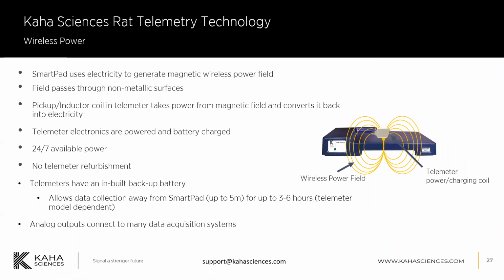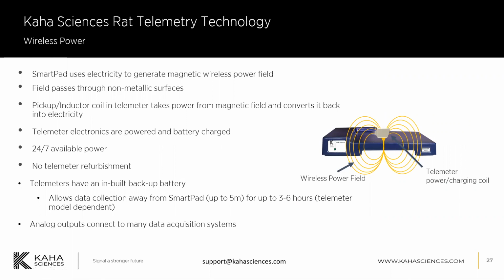So the SmartPad and the ability to deliver wireless power to our telemeters is one of the key advantages of this system. The SmartPad uses electricity to generate a magnetic wireless power field, and that can pass through non-metallic surfaces such as the cage or indeed the rat's body.